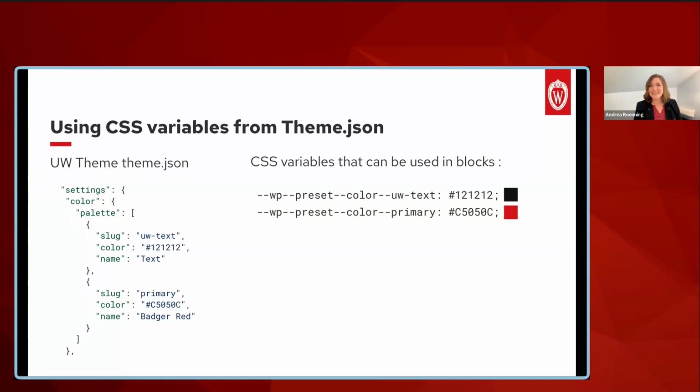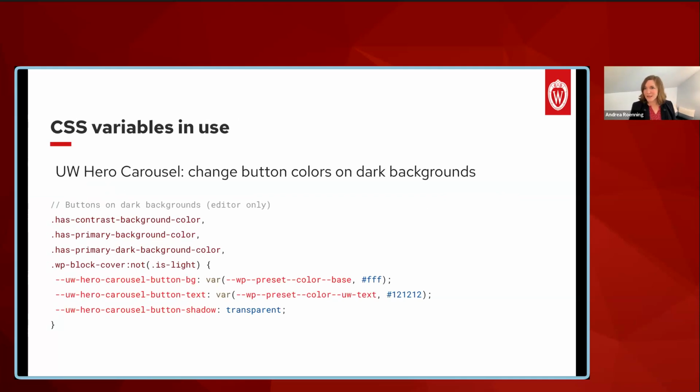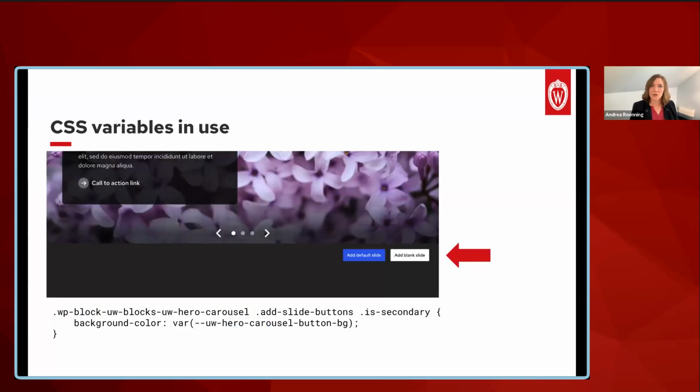On the next slide, you can see where we are changing the CSS variables a bit, where if there's a button on the editor UI that appears on a group that has a dark background, it needs a different color. Banner image. The next slide is where we'll show that this button would normally have a transparent background, but now because we've changed that variable, it has a white background.